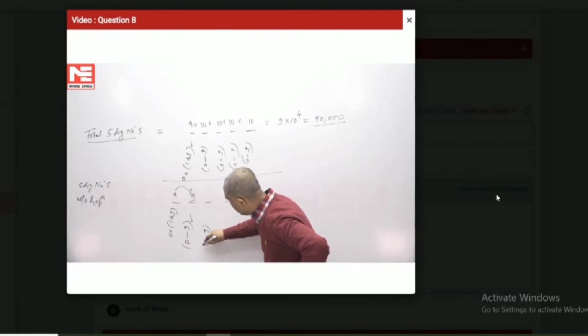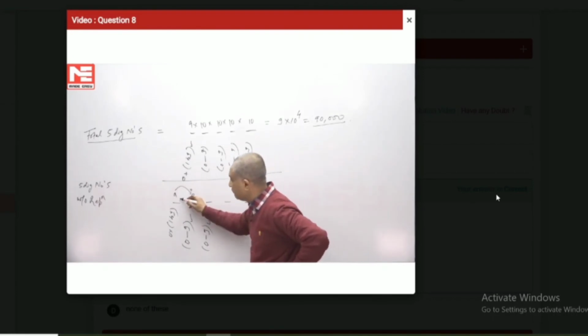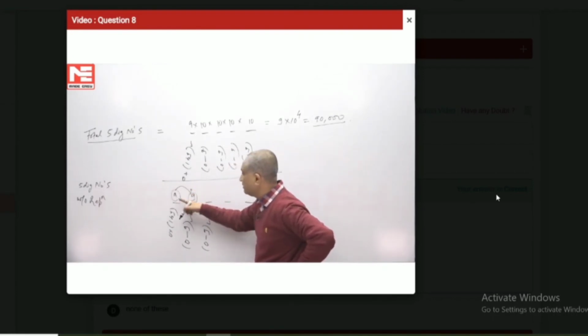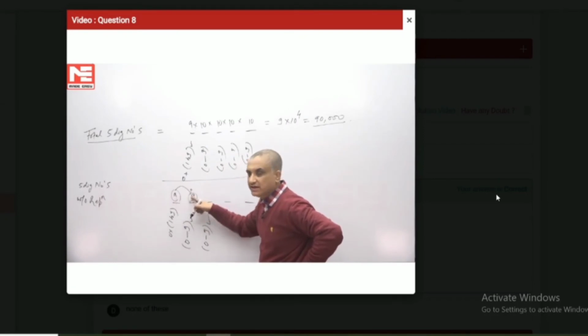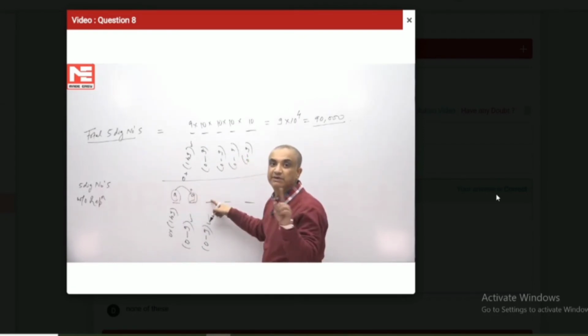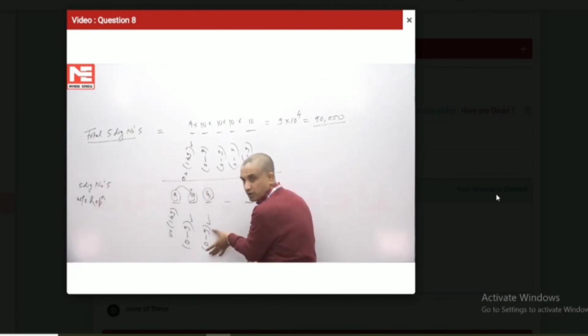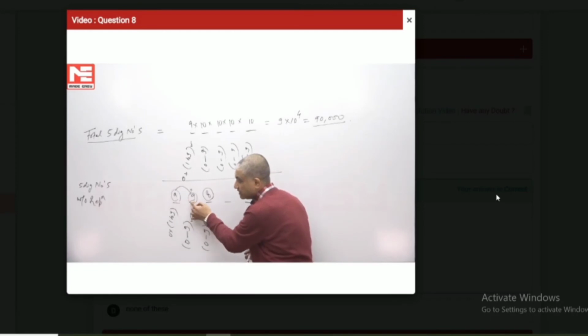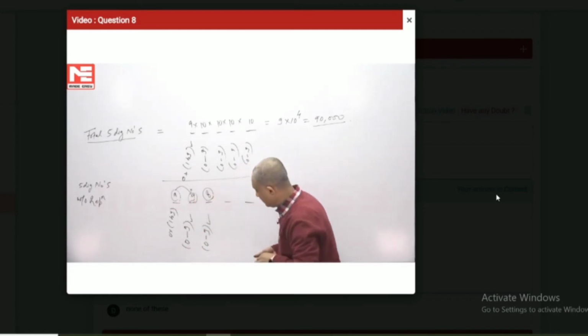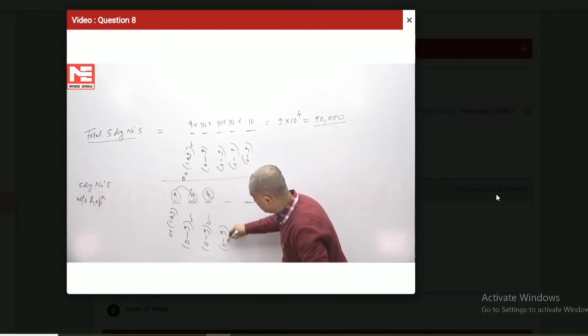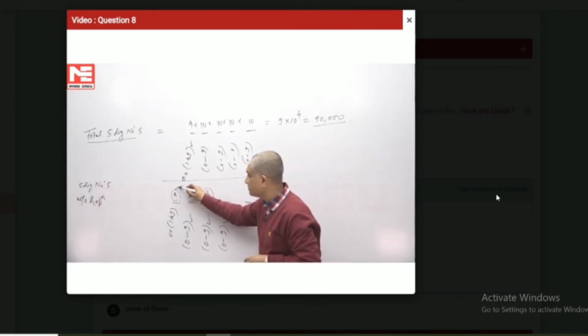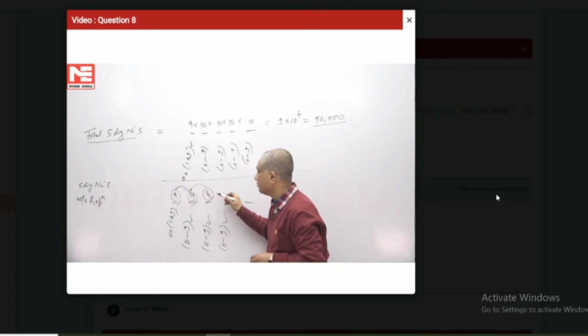0 to 9, it can again be done in 10 ways, but whatever 2 digits are here, the same digits cannot come because repetition is not allowed. So it can be done in 8 ways, because possibilities are 10, but 2 digits have already been used. They cannot get repeated here. Then 10 ways, but 3 digits, 1, 2, and 3, have already occupied the places.